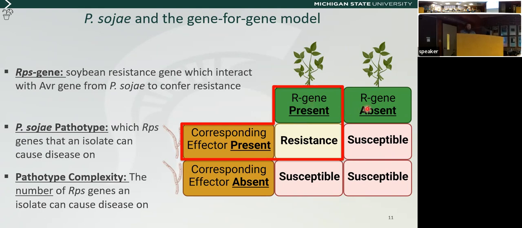If the R gene is absent and the corresponding effector is present, then that isolate can cause disease and that plant will be susceptible. Similarly, if we have an R gene present in the soybean germplasm, but the corresponding effector is absent in the pathogen, the plant can't recognize that pathogen is infecting it and will not be able to mount a defense response.